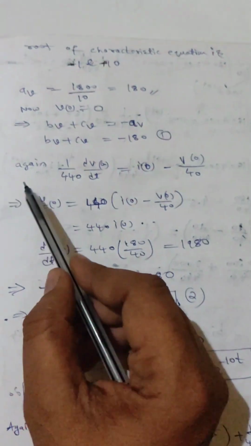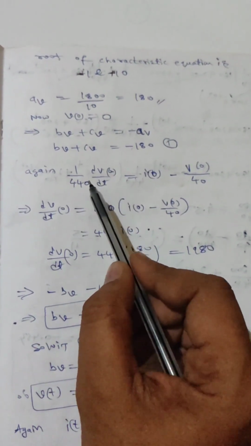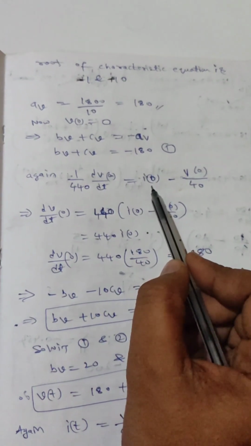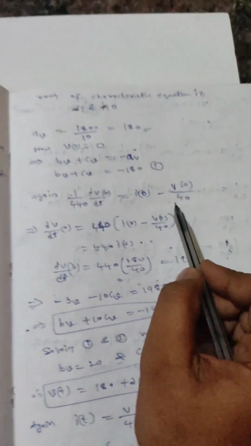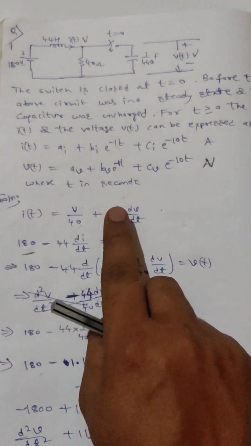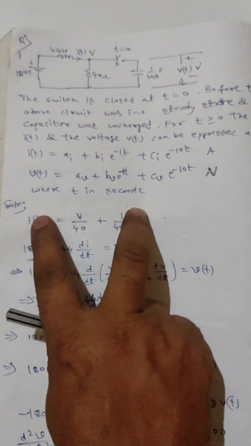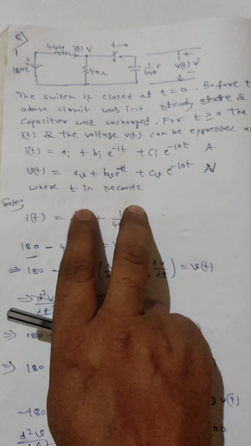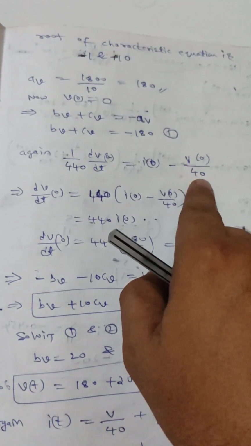Now again, C dV by dt is equal to I of 0 minus V of 0 by 40. Means we are taking the first equation in this. C dV by dt is equal to I of 0; you take this to the left hand side, it becomes minus V of 0 by 40.